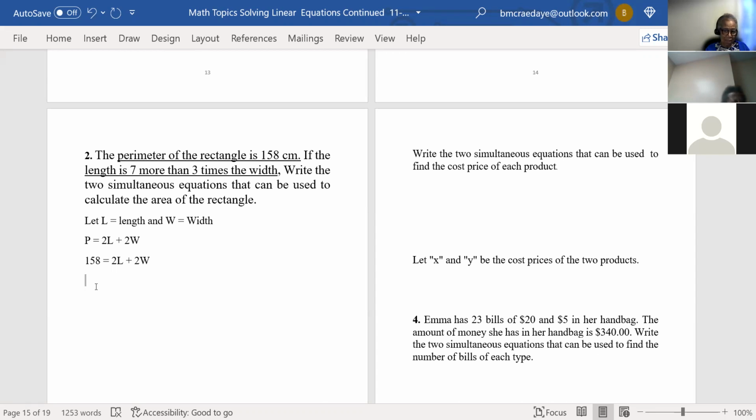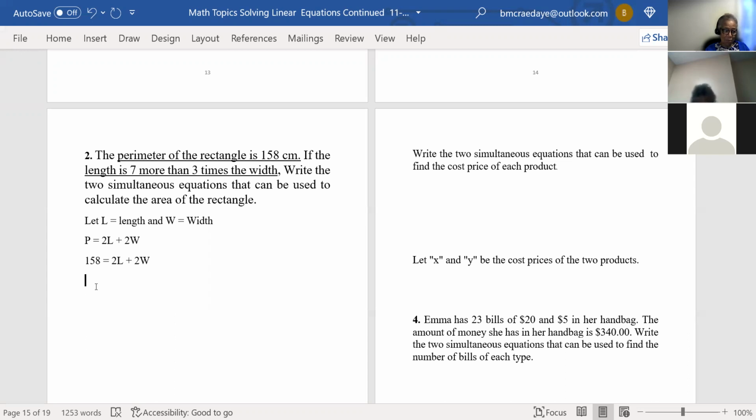Length is means length equal. 7 more than means to add 7. So you've got to add 7 to the width, and times is multiply.